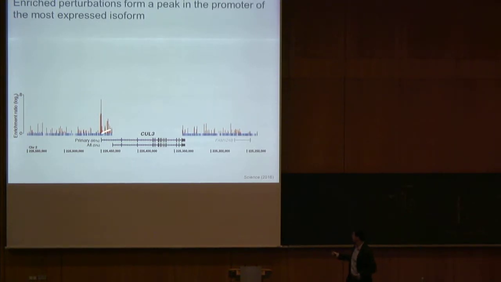Right here, with this gene called 3, you can see right over the promoters, a few kb before the transcription start site, this nice peak. What this is directly measuring is enrichment in vemurafenib. It's saying when we mutate the genome in this region, how well does this human cell proliferate in the conditions of vemurafenib?